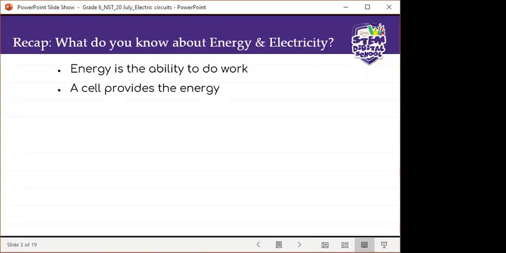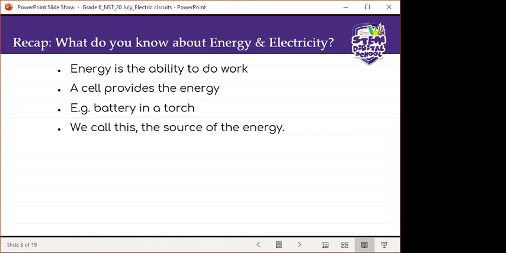Okay, so a cell provides energy. And then an example is a battery in a torch. Okay, so the battery would provide energy in order for the torch to light up. Yes, and we call this the source of energy. So in this case, the battery would be called the source of energy of the torch.